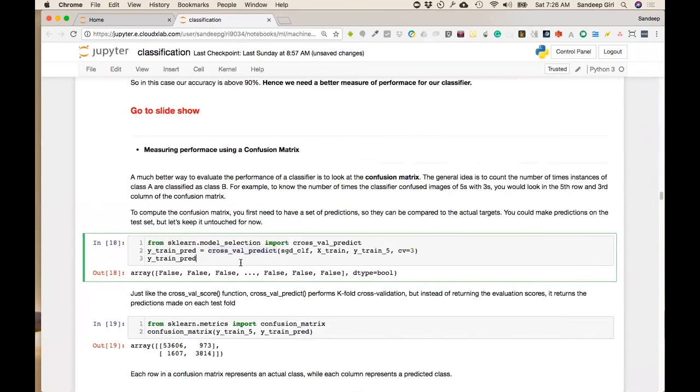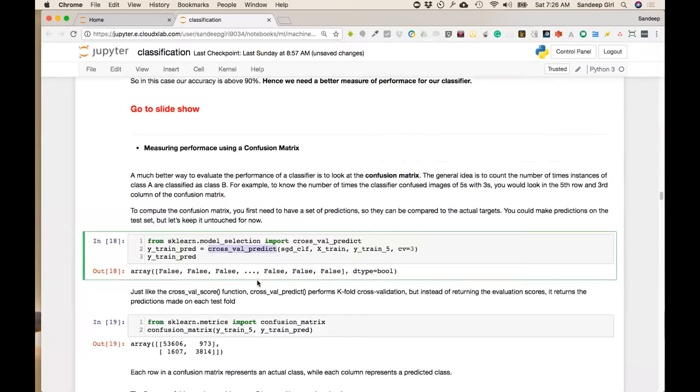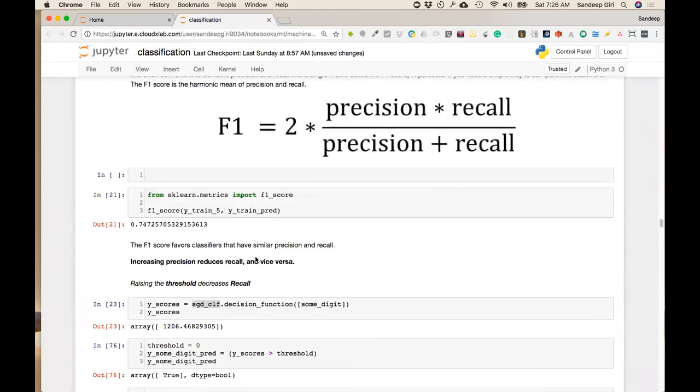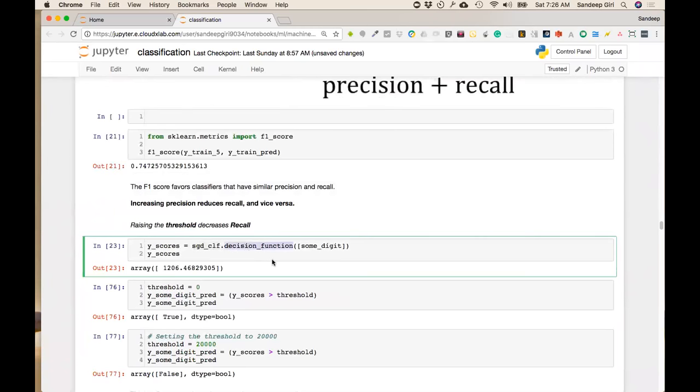This is where we train the model, and after we train the model, when we call the decision function over some digit, it gives us a score. This is how closely this digit is matching 5. This is that score.